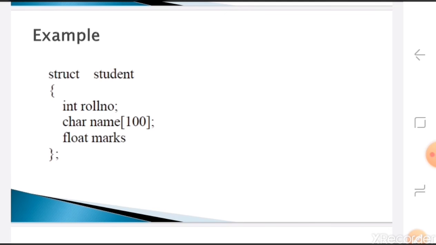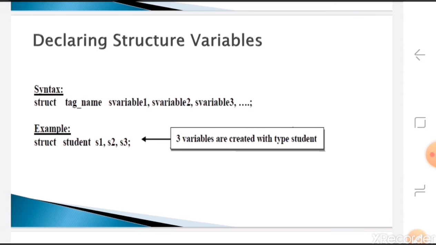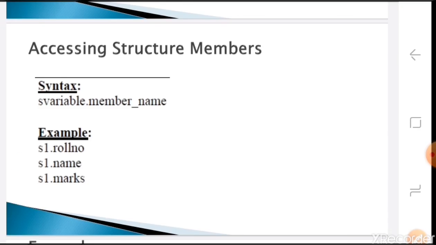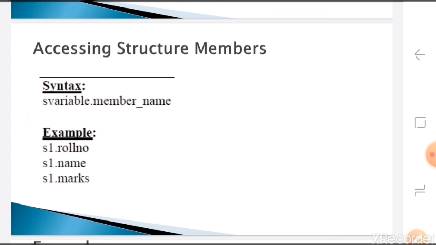If I want to access the roll number, whichever variable we created for this structure, here we created s1, s2, s3, one of those I will choose, say s1, s1 dot roll number. So I am asking for the first student's roll number. s1 dot name is the first student's name, s1 dot marks is the first student's marks.